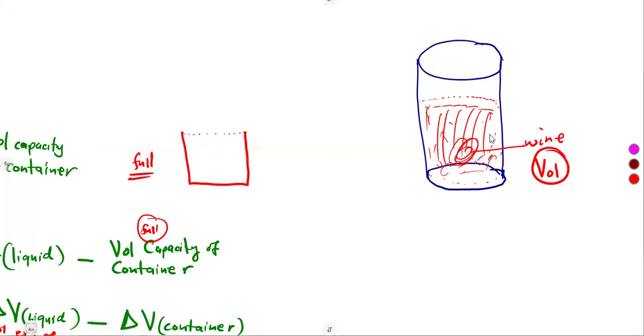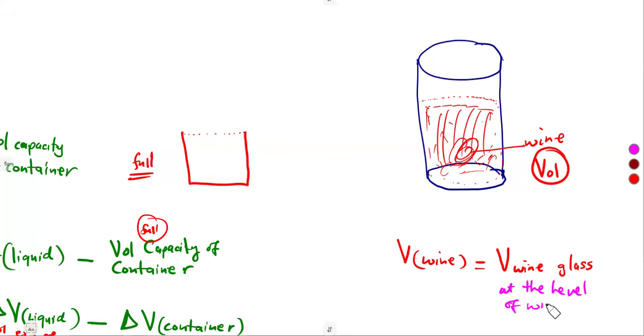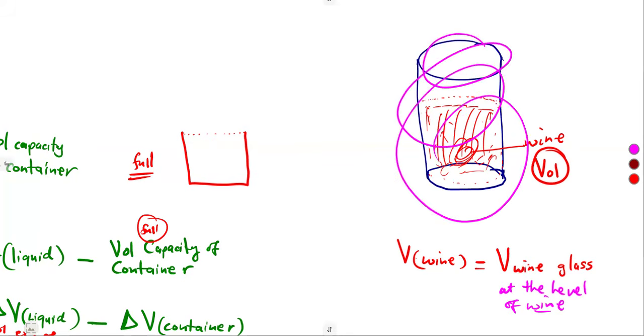The volume that it has of the wine, all right, the volume of wine in this case, that is inside of the wine glass, is the one that we are saying it is the volume of the wine at the level or height of wine. Not to say that is the volume of the wine glass. No, the wine glass is the one that you are having, that you are holding.